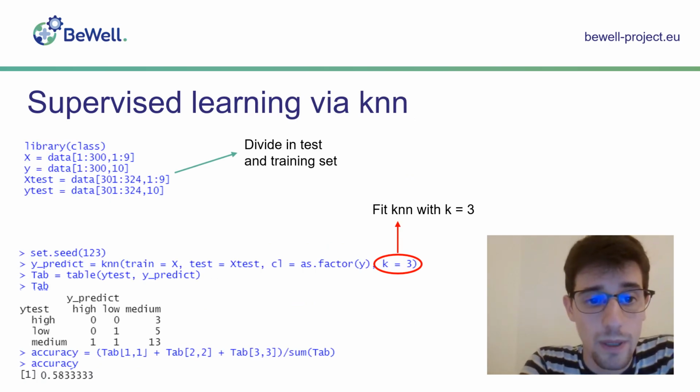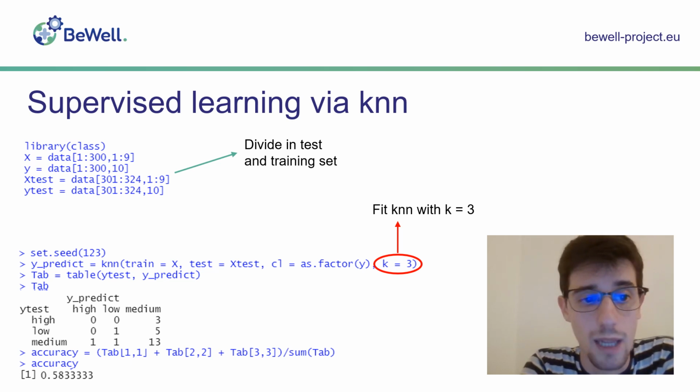The new problem is a supervised learning problem. Given some labels, which in this case are the 3 possible levels of glucose, we want to predict the label for future patients for which we only know the values of the other variables. KNN is the machine learning tool we studied in this module to solve supervised learning problems. To fit it in R, we need to load the class package as shown in the slide.